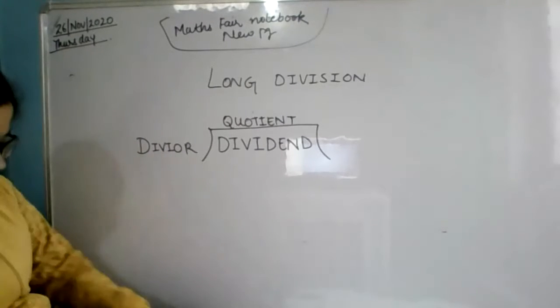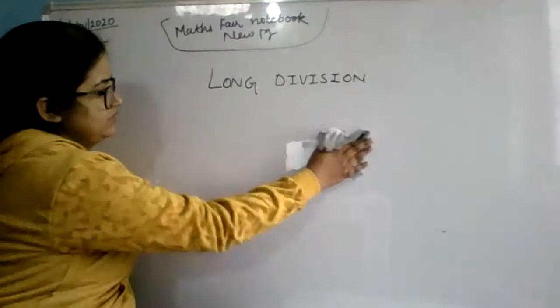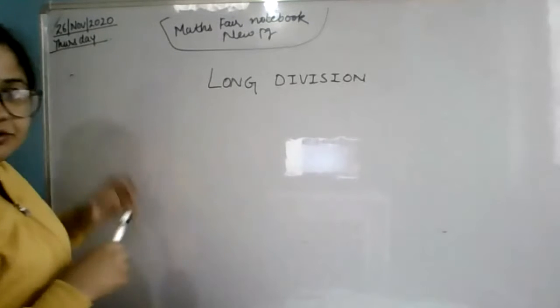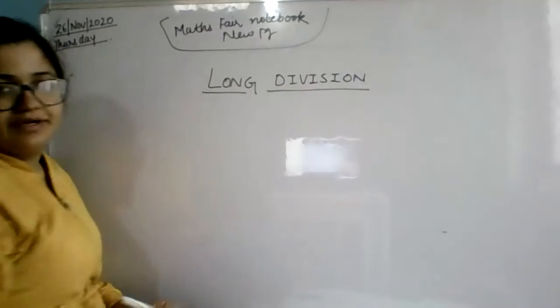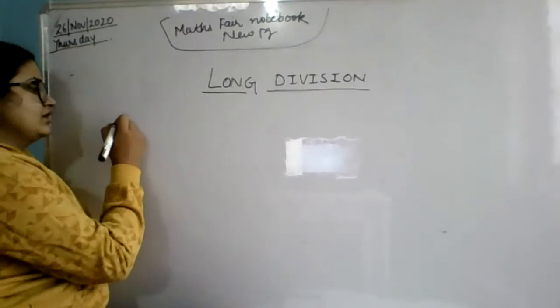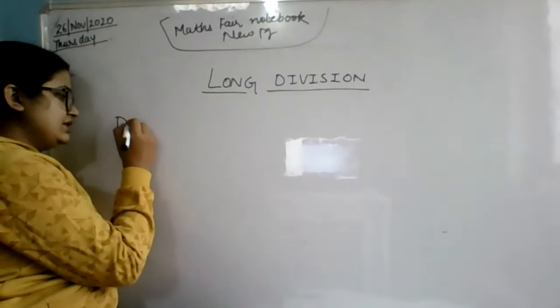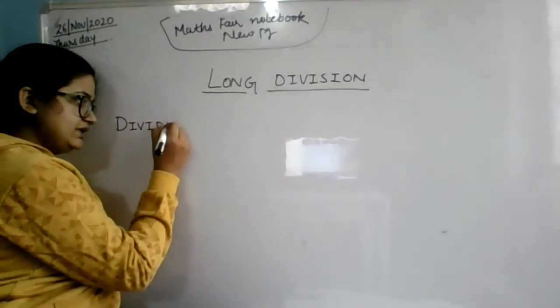Wait a minute, this also has to be written. What I'm writing, write in your maths fair notebook. Make the heading long division. Write this: Dividend. The spelling of dividend should be correct.